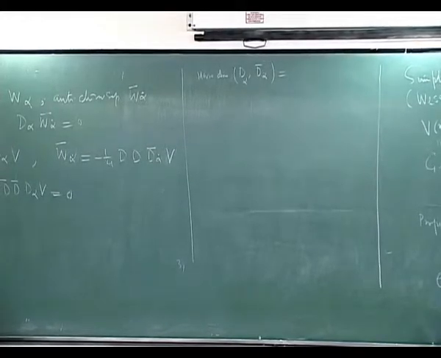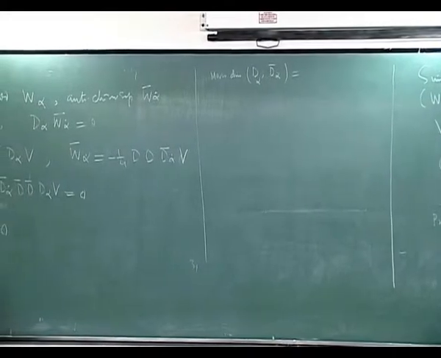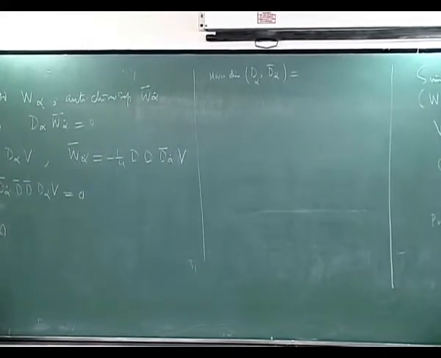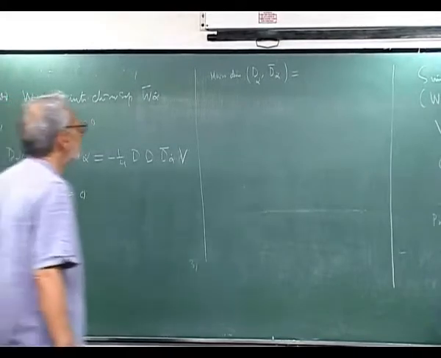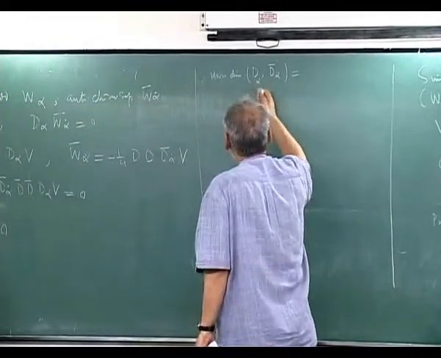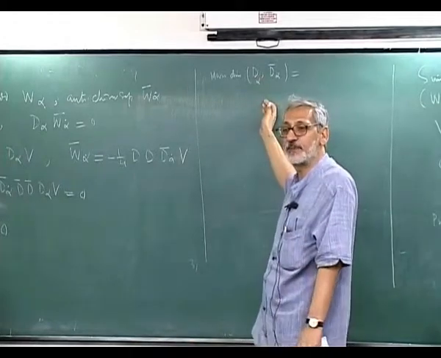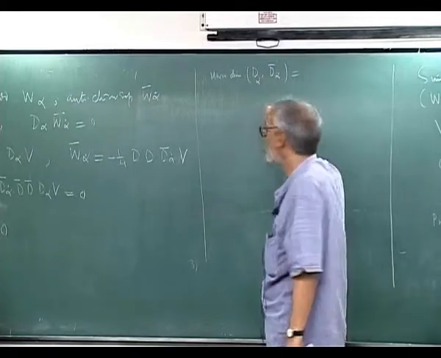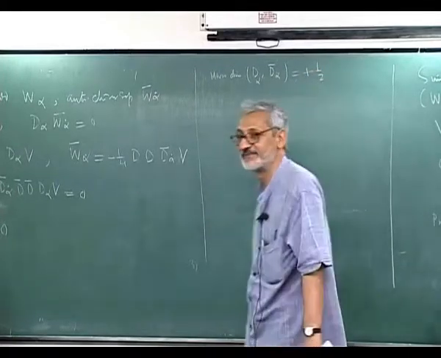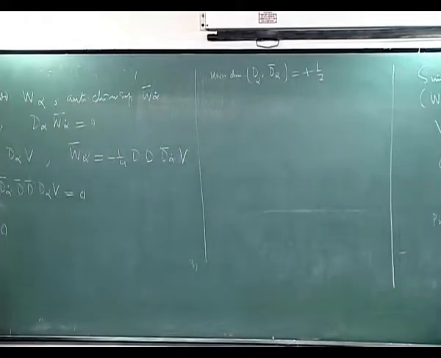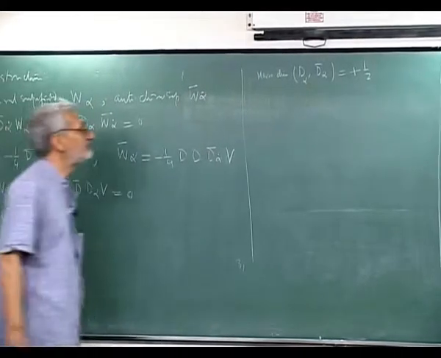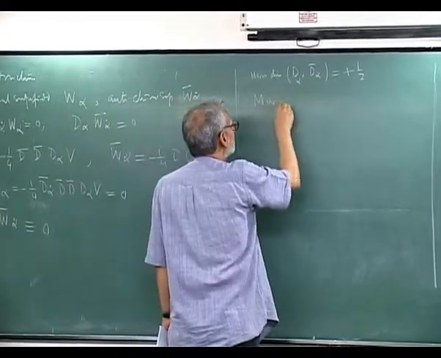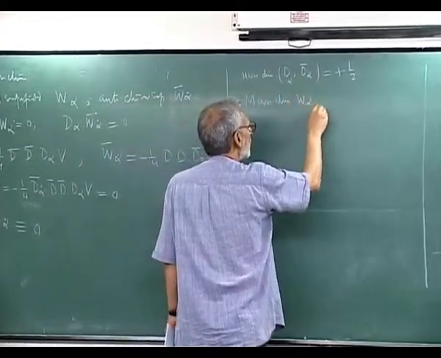Unlike ordinary space-time derivatives, this is D. One first component is d by d theta. Theta has dimension minus 1/2. So d by d theta is plus 1/2. So now what is the dimension of these objects? W, mass dimension. Or W bar.